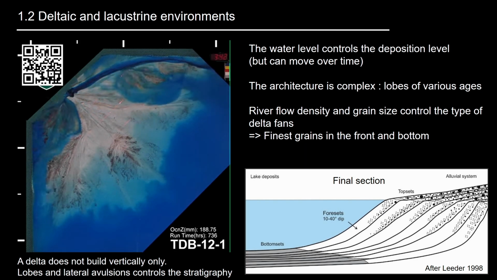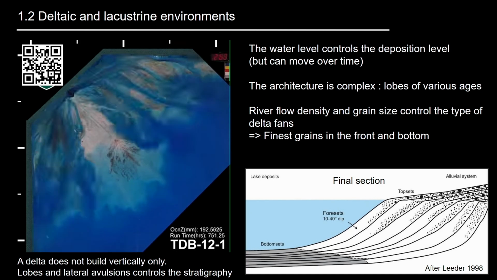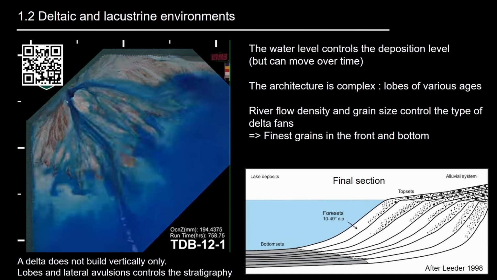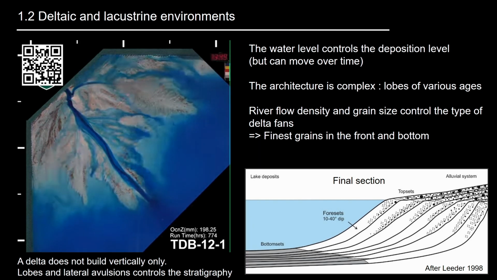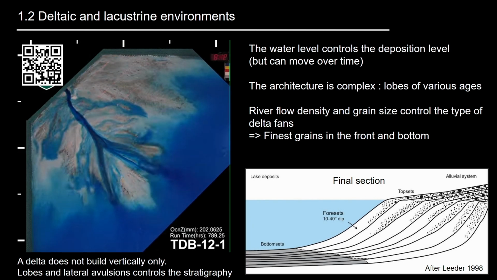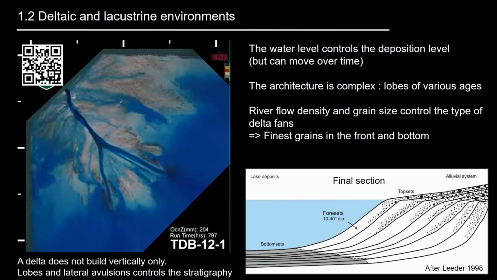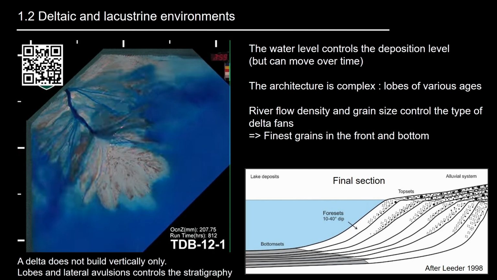But in general, in the final topography, when you have a cross-section from here to there, you have the plain in which you have the rivers, and then below you have the lake deposits, which correspond to the frontier, what we call foresets, and the bottomsets, which correspond to lake deposits that are more muddy. And this is of strong interest for exobiology because bottomsets are really muddy and are a very nice place to preserve organics.